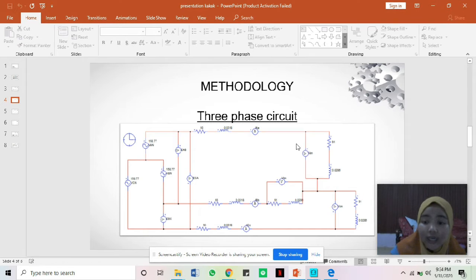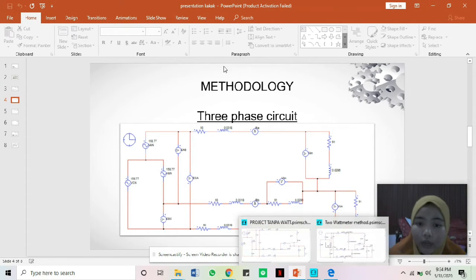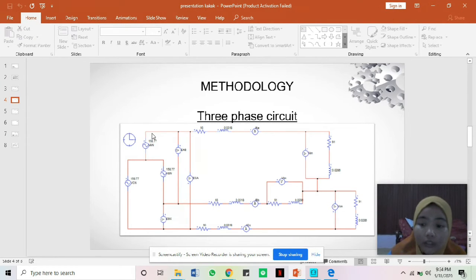So we will get 158.77 as the phase voltage. The next one, we will measure VAN, VBN and VCN here, and IAA, IBB and ICC. So I will determine all of these unknowns.